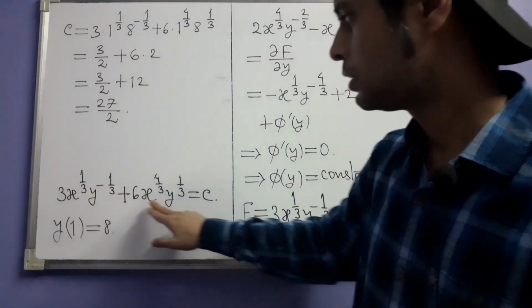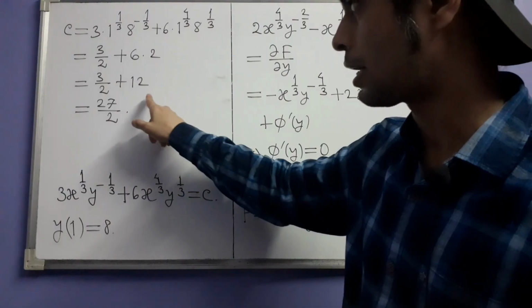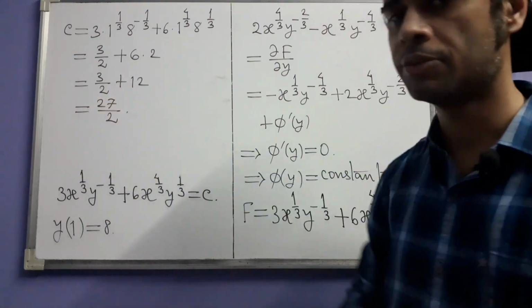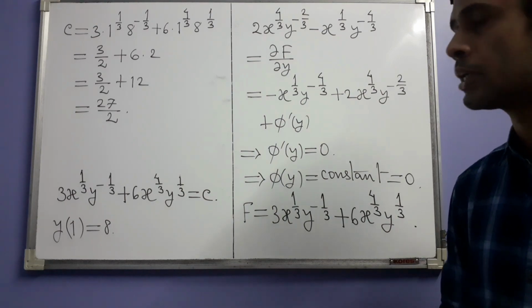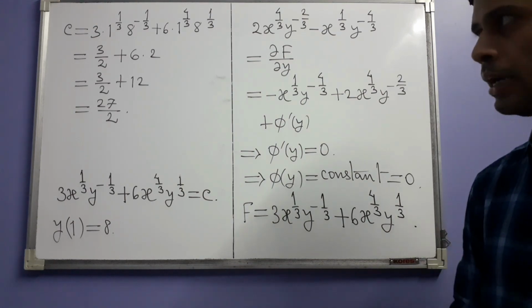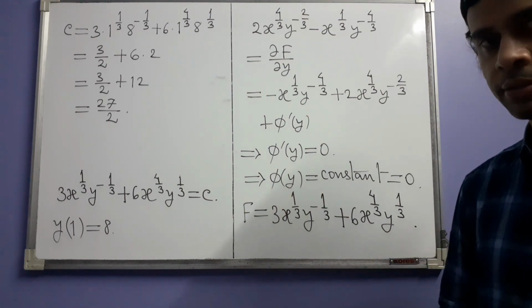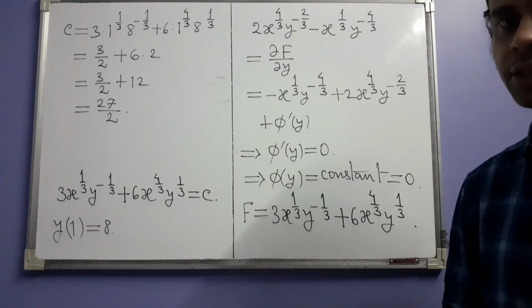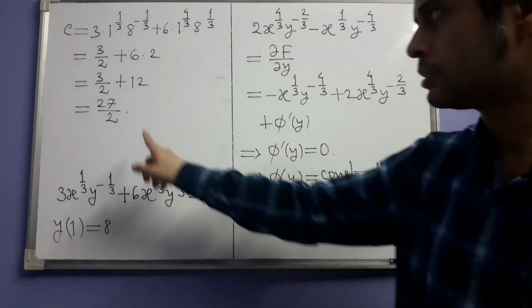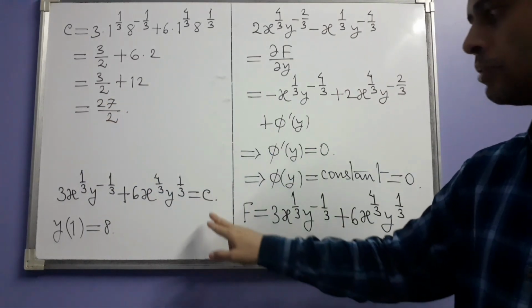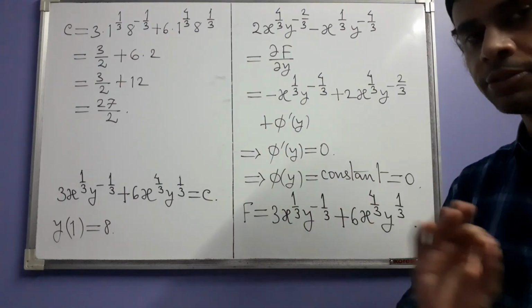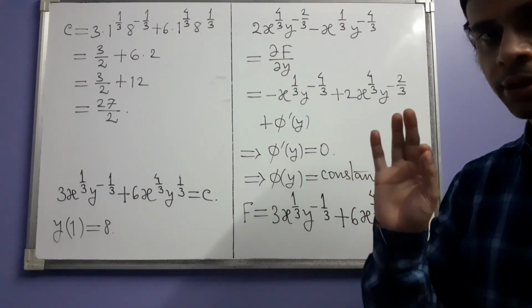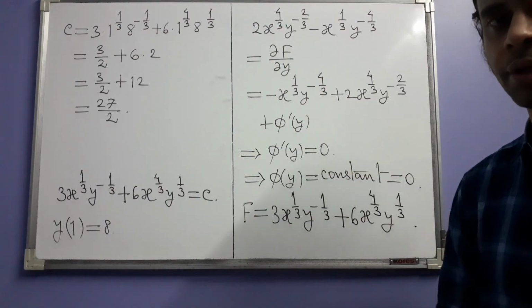So if you put everything here, then ultimately you get 27 divided by 2. Please go through that calculation in detail, and if you spot any mistake, let me know in the comments below. So this is your value of c, and when you get back to this equation and put this value of c, then that solution is the actual solution of the initial value problem.